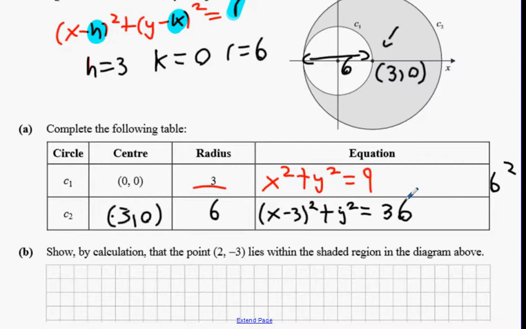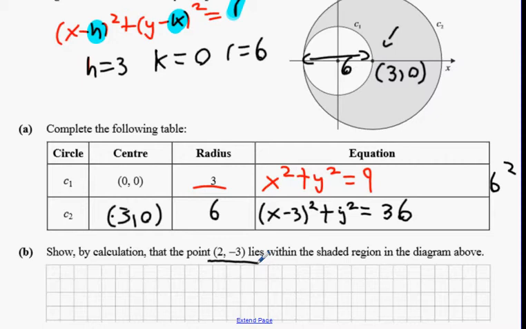Okay. Does anyone in the class remember how to show that a point is inside, outside, or on a circle? Inside, outside, or on? Okay.